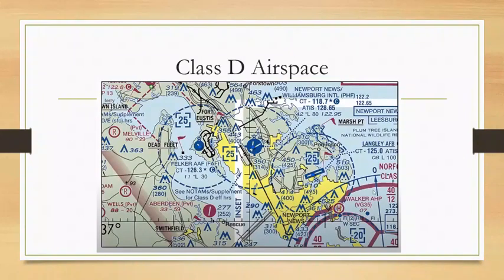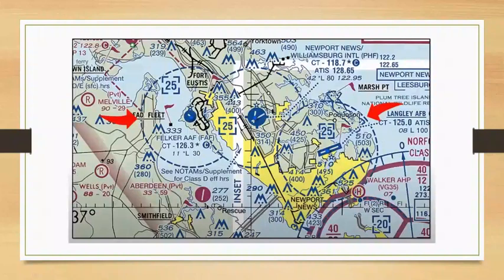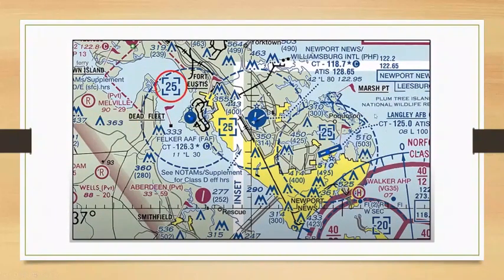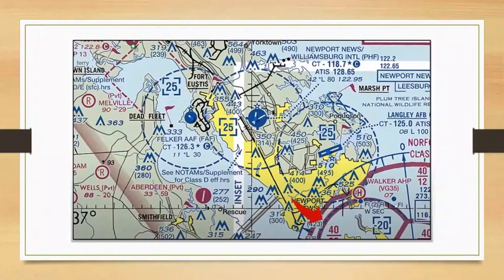Now, another thing to note, these are two additional airspaces there. Down here at the bottom, there's actually another commercial airport as well as another military base, which is a Class D airspace that also has a ceiling of up to 2,000 feet.